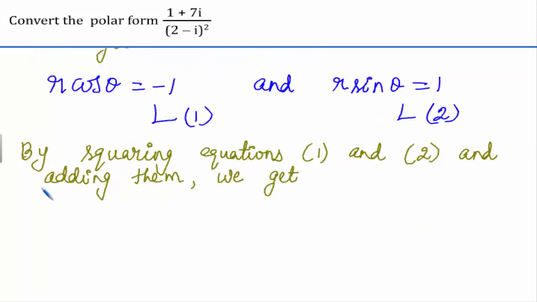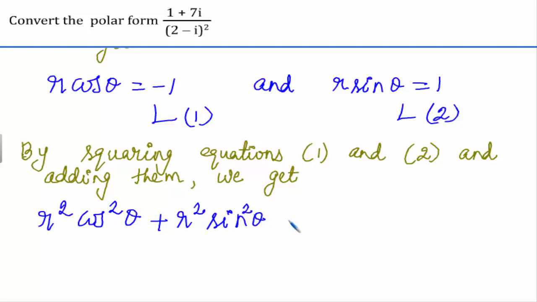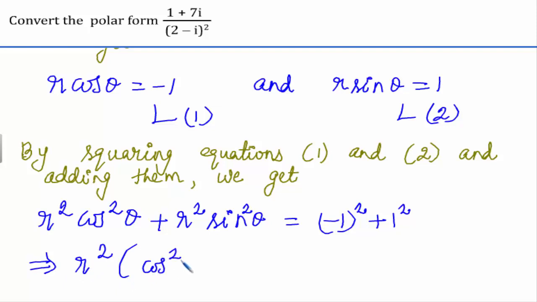By squaring the equations 1 and 2 and adding them, we get r square cos square theta plus r square sin square theta is equal to minus 1 whole square plus 1 square. So this will further be equal to r square into cos square theta plus sin square theta. This will be equal to 2.